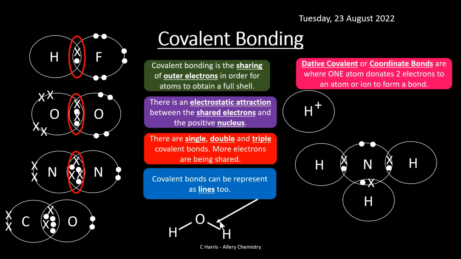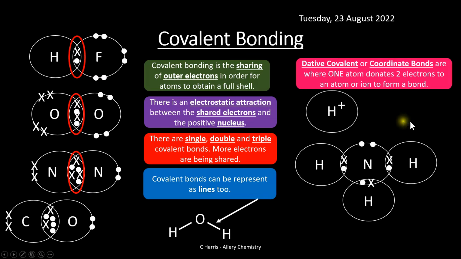Okay, so an example you can probably see on the diagram here is ammonia, which is NH3. So you have your traditional covalent bonds between the nitrogen and the hydrogen atoms, but you have this kind of lone pair of electrons on the nitrogen, and we have this hydrogen ion here that doesn't have any electrons of its own. Its electrons have been removed, and that's why it's got a positive charge.